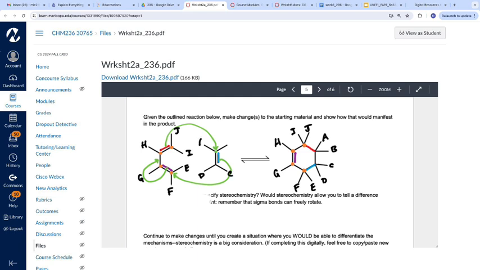What is special about the product? Hint. What is special about all 4 of those atoms? They are all chiral. Did we start with those atoms being chiral?